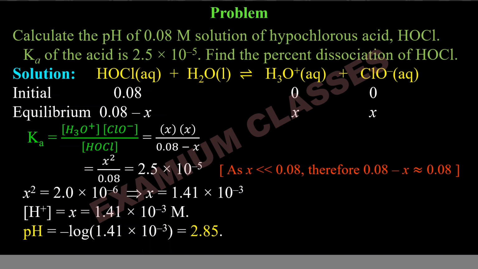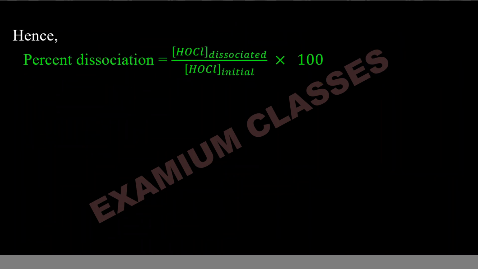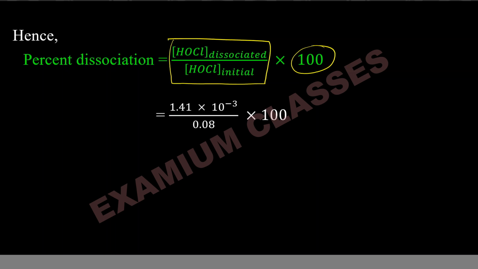Now to get the percentage dissociation, what we can do, percentage dissociation can be how much got dissociated divided by initial concentration. This will give you the fraction which got dissociated. When you multiply it by 100, it means percentage dissociation. Substitute the values.